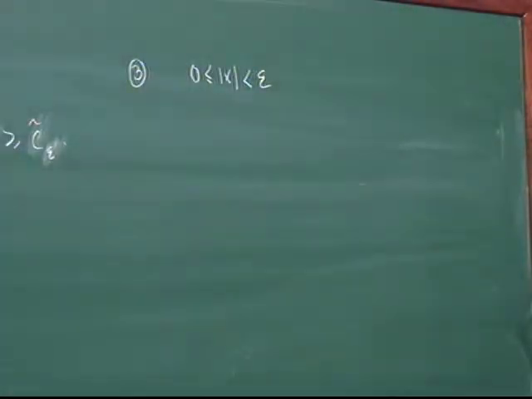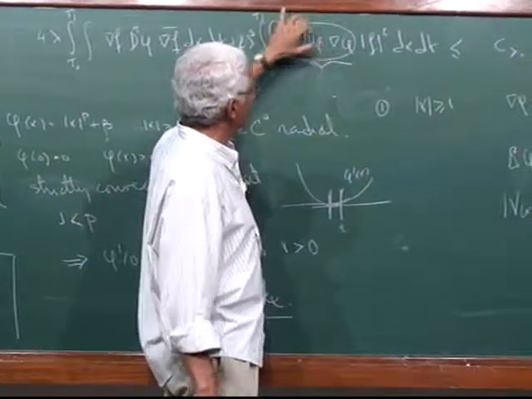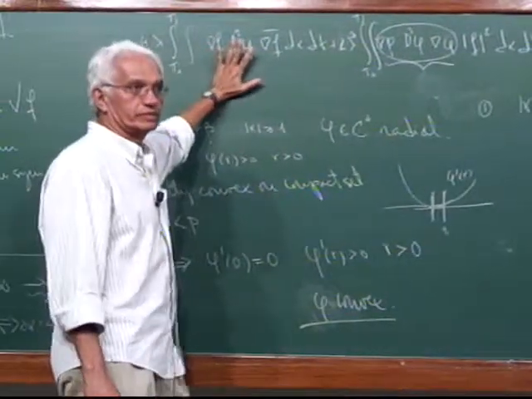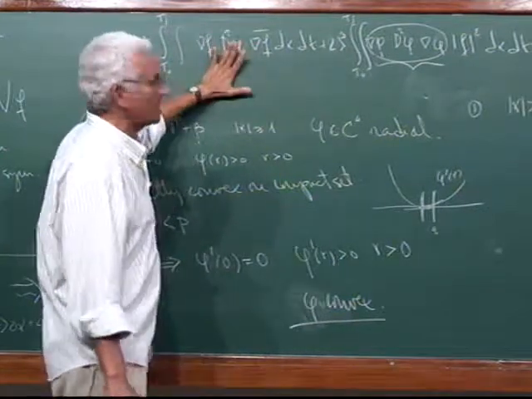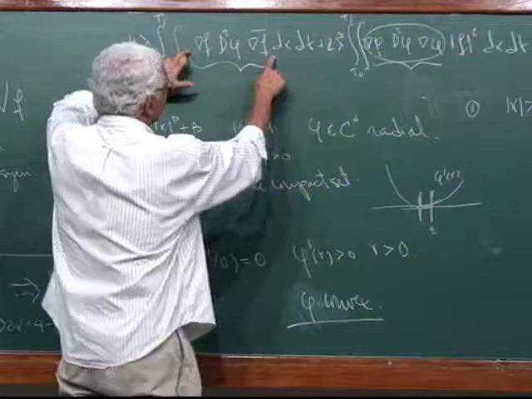And now close to 0, you cannot use that because the derivative at 0 is 0. You cannot have a lower bound close to 0. You are out of this. You have to use this part. And you use the Poincaré inequality. You use that this is convex, right? You use Poincaré.